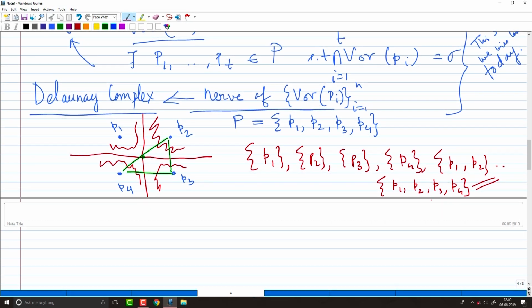But one thing we know, it cannot be embedded in R2. Can I embed it in R2? To embed it in R2, I need to find points corresponding to P1, P2, P3, P4 that will be affinely independent. Can 4 points be affinely independent in R2? So, this complex cannot be embedded in R2.